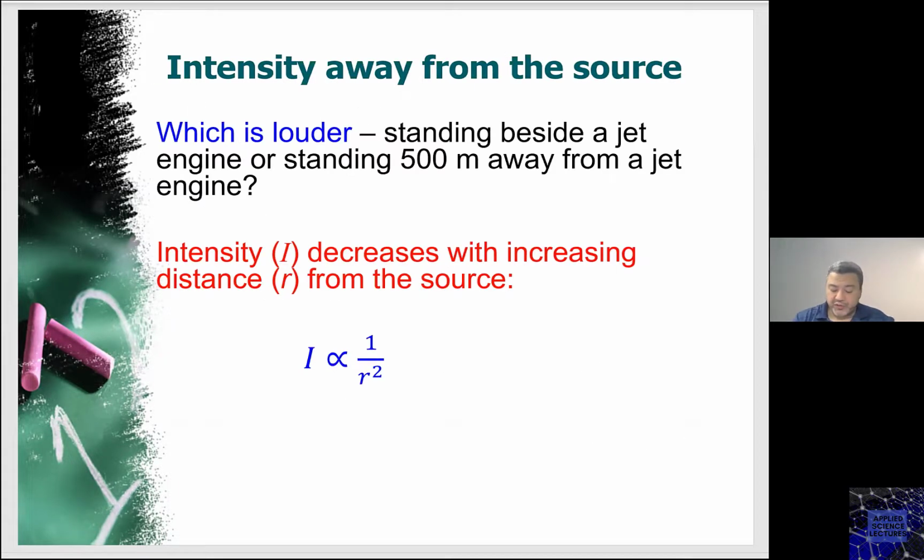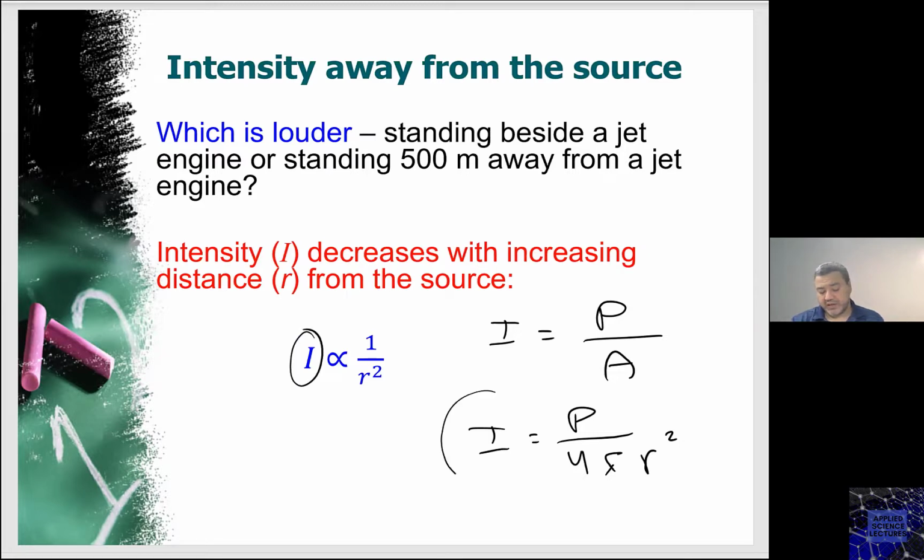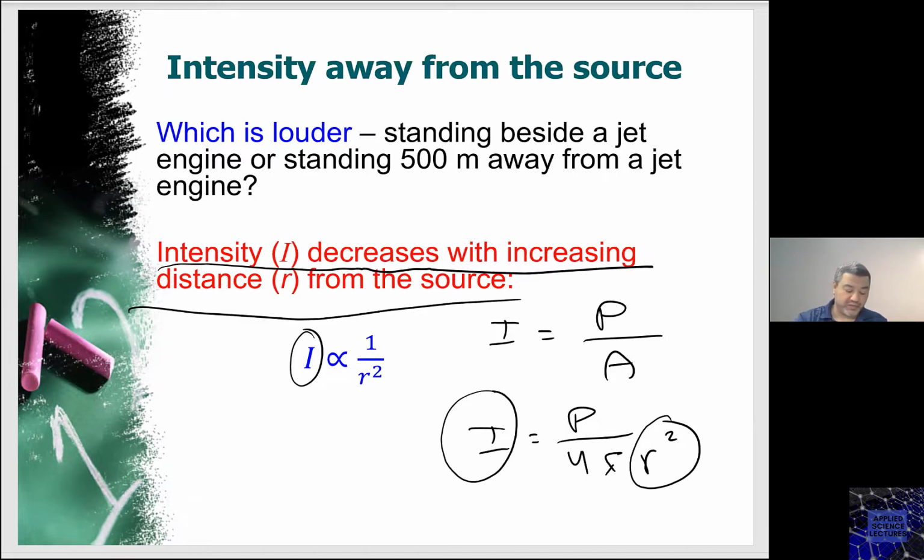So according to the expression that I just derived, P is divided by the area of the sphere, and we know that the area of the sphere is 4 pi r squared. This means the intensity is inversely proportional to the distance squared, which means the further you are, the less power you receive, so intensity will decrease with increasing distance from the source.